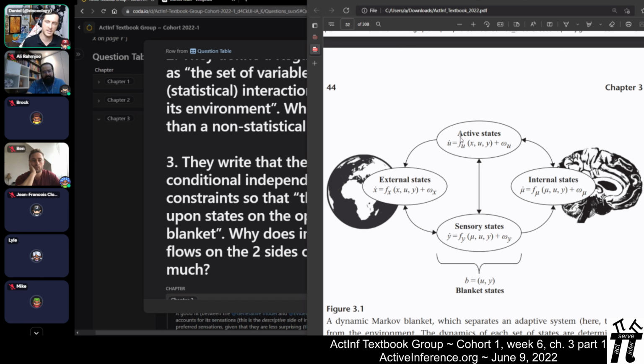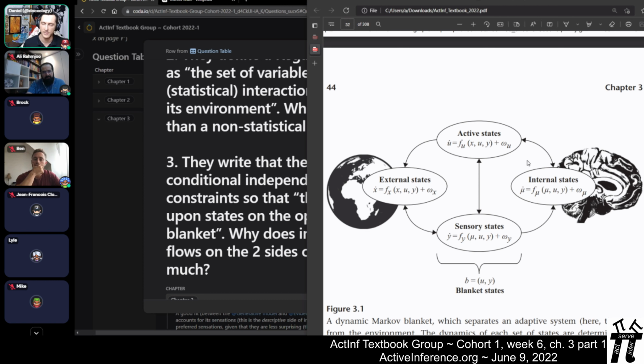Then there's the blanket states that are intermediating that interface, and then we'll also talk about autonomous states, which are just the internal and the active states. So the equation is saying the rate of change in, for example, active states is a flow function f and a noise function. Both the flow and the noise function, the subscript is referring to that one.